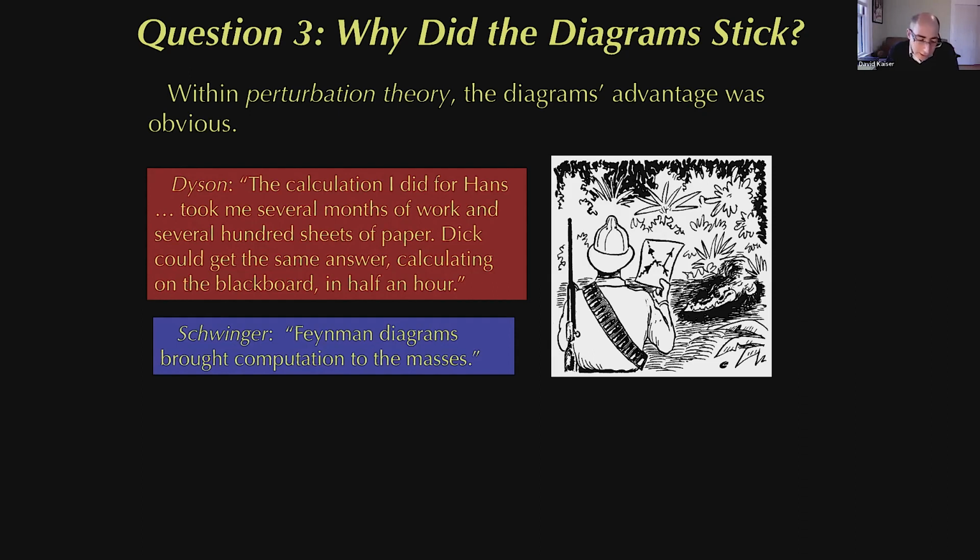Julian Schwinger said a bit more snarkily, Schwinger and Feynman were kind of like frenemies, he said, Feynman diagrams brought computation to the masses. You could almost see Schwinger sniffing, like, wow, my students learn really how to calculate, but any old slob could calculate using Feynman's techniques. That's the spirit in which I take that remark. That these really were effective, and many, many people could calculate, even people who weren't blessed to have had Julian Schwinger as their PhD advisor.